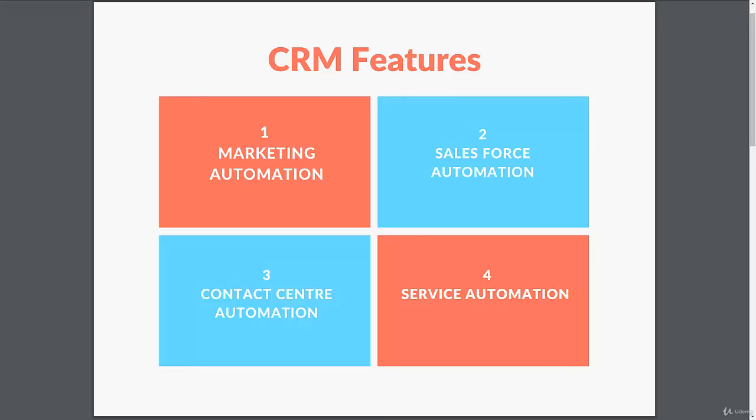Then comes the contact center automation. Somebody calls in. The contact center is basically the place where people get in touch with our support personnel. They can do so by making calls, by publishing web tickets on the net, like support tickets, or they can walk in. We gather all this contact center data, and it can be processed automatically.